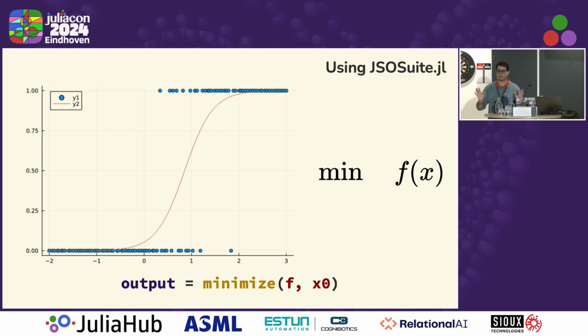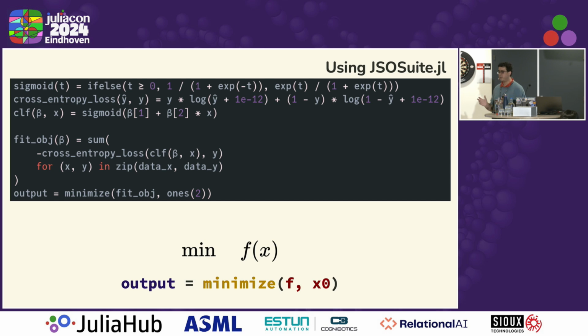And that is an unconstrained optimization problem. Essentially, you want to minimize a function. So if you have that function, you can just say minimize f. If you give a starting point, things go better. That's a normal rule in the field. So this is the example for that code.